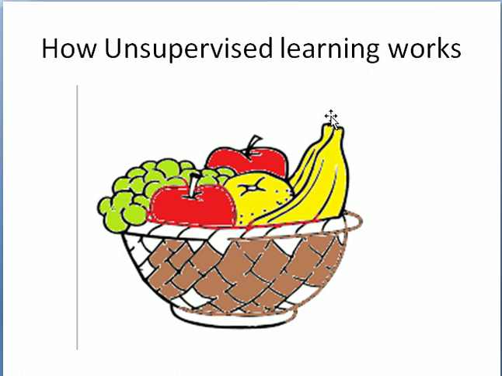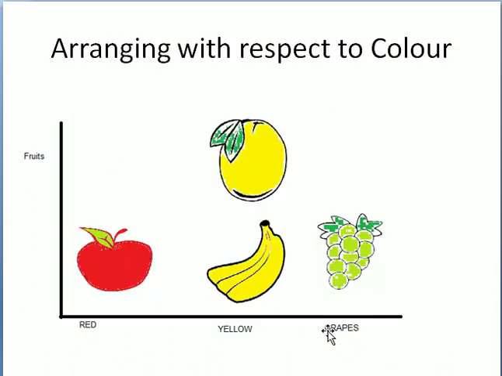Let us see how unsupervised learning works. Suppose you have a basket filled with some types of fruits, let us say banana, orange, apple and grapes. Suppose you don't know anything about these fruits and you have seen them for the first time. If you have to segregate them, you will arrange them by considering physical characteristics. The first physical characteristic we are considering here is color.